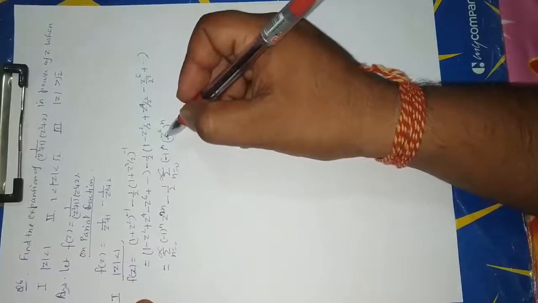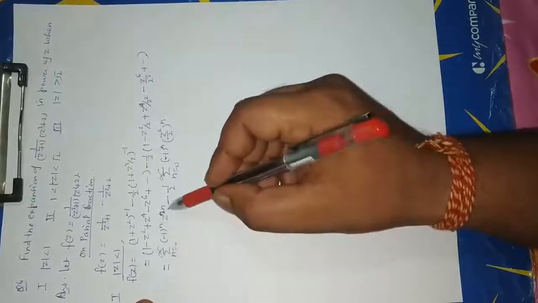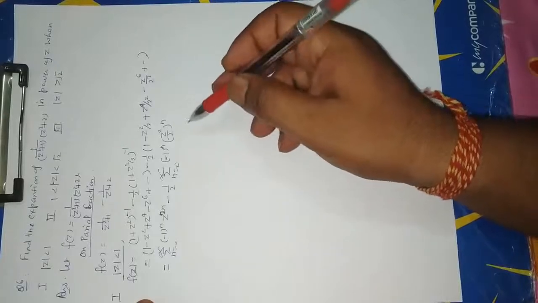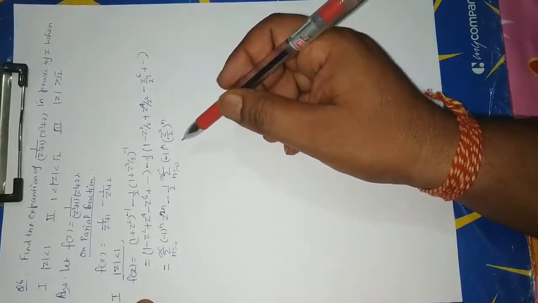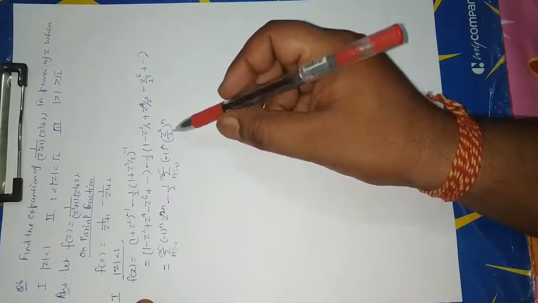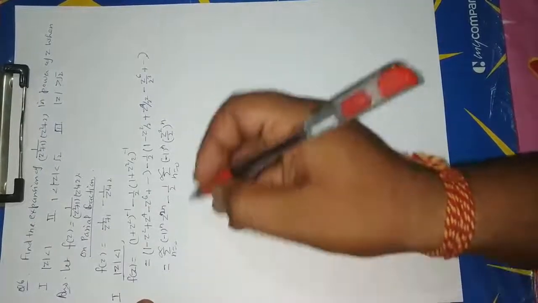Okay, student? Therefore, in the expansion of the function, the power of z is always positive. Therefore, we can say the expansion of the function here is Taylor series only. That is the required Taylor series expansion.